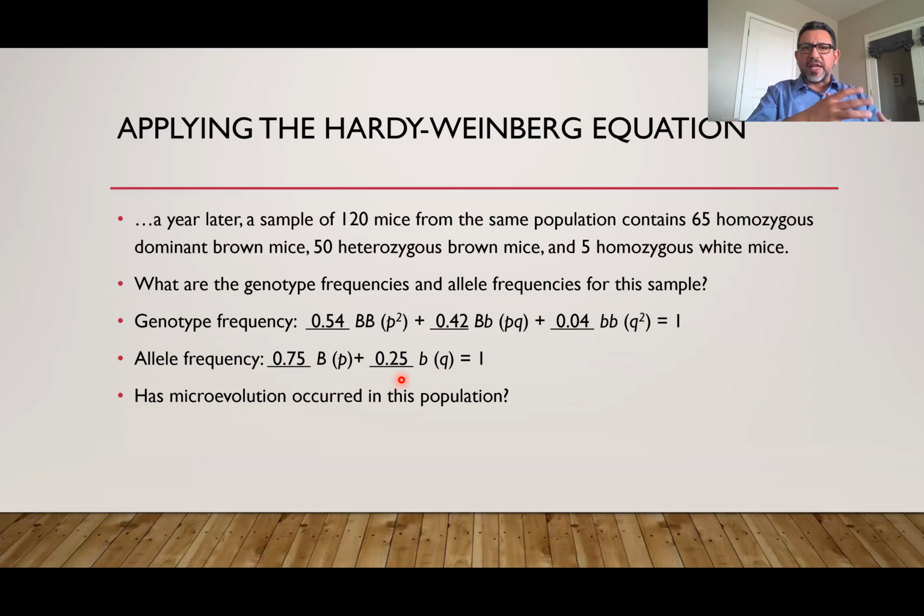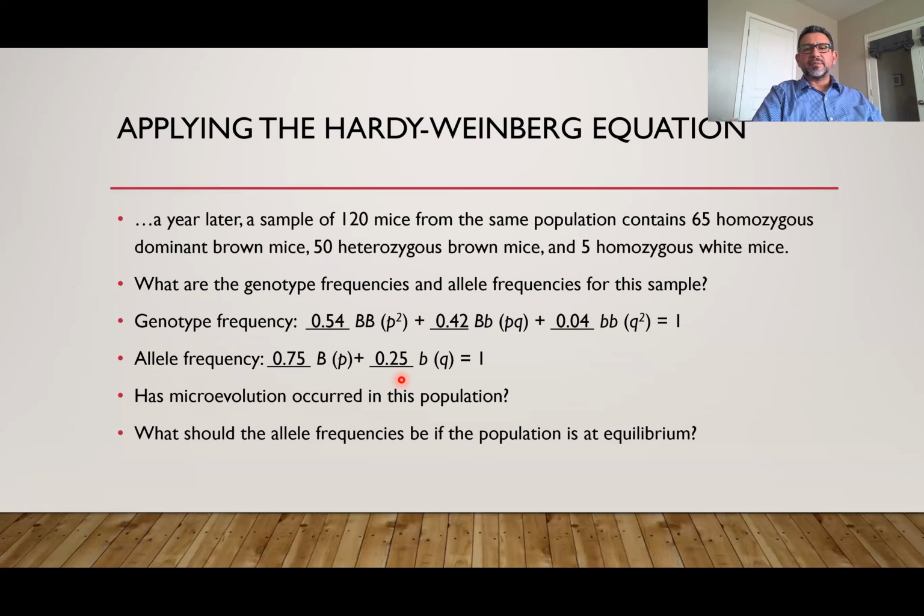And now you have to decide through some statistical analysis, like chi-square, if this is a significant difference, and if it's not the result of chance. If it is significant, then you can say that the population is not at equilibrium, that the population is going through microevolution because the frequencies of alleles have changed over time.